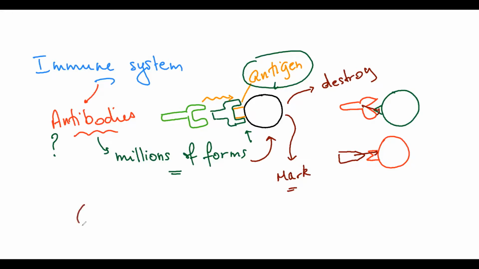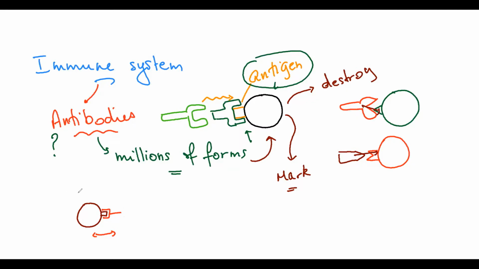Suppose I have a pathogen like this, and this is its antigen, and here came an antibody attached to it. So this attachment will allow the phagocyte, the other kind of white blood cell, to come quickly, because it will recognize this marking or this labeling.